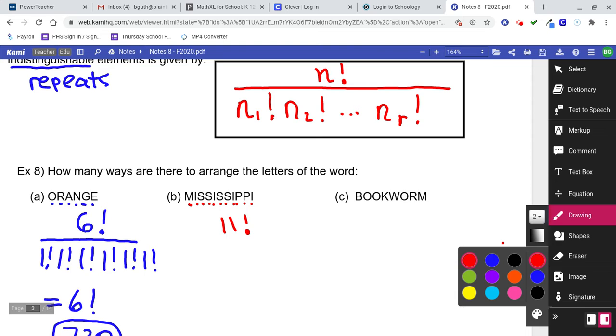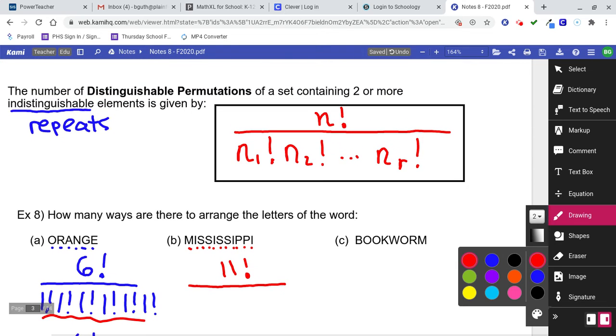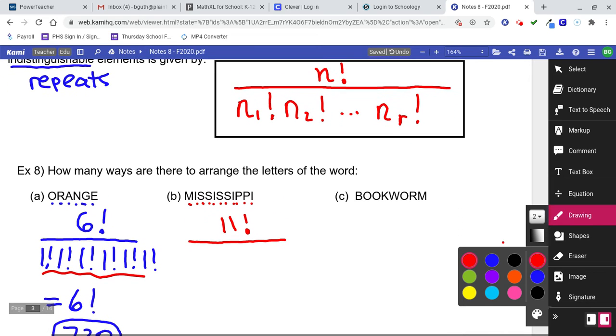If they were all different, the answer would just be whatever 11 factorial is. But since there are repeats, I'm going to divide by the repeats. It's kind of silly to divide by 1, so I'm going to skip the ones and only divide by the ones that have repeats, or, how'd they say it, indistinguishable elements.